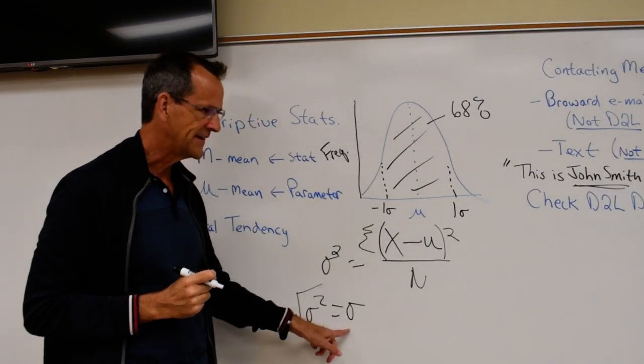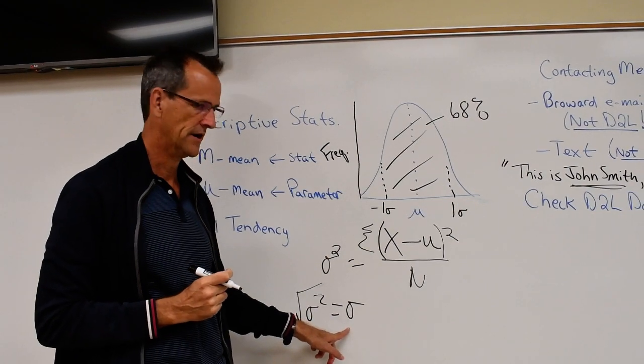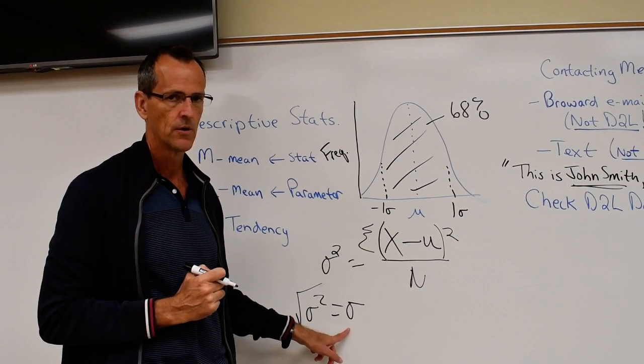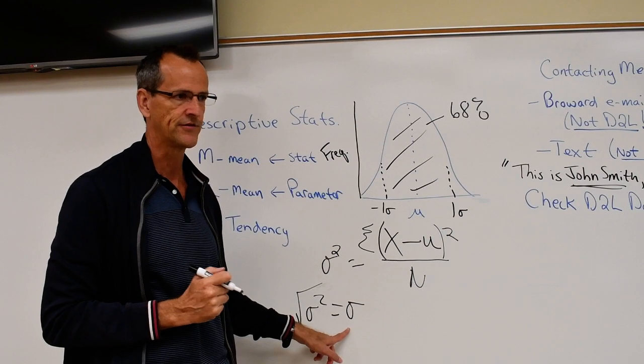So standard deviation ends up being a really, really useful way of describing populations.